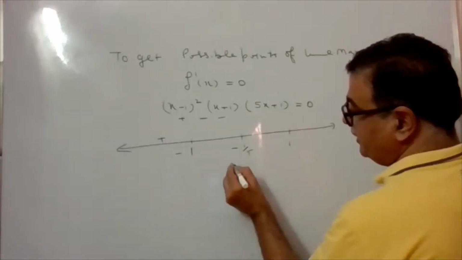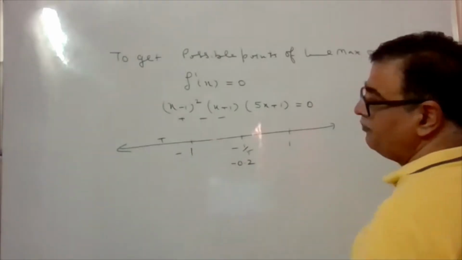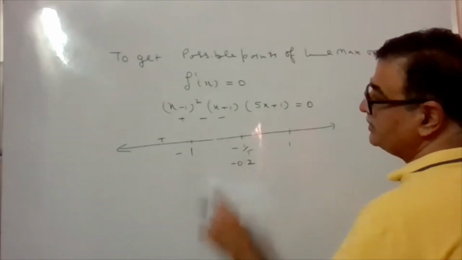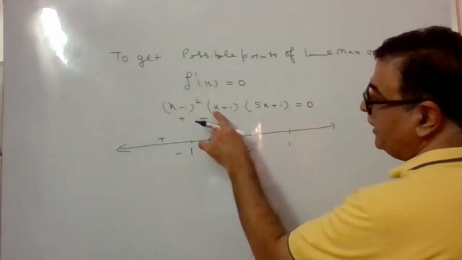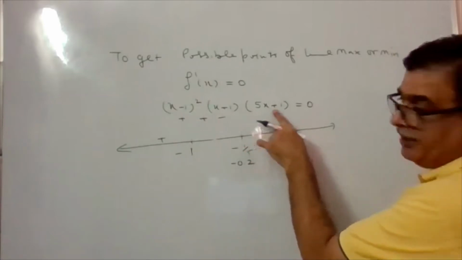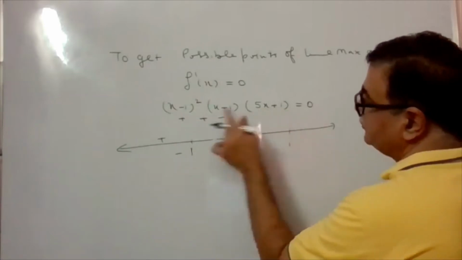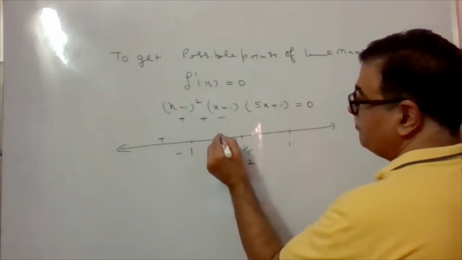Here it is minus 1, here it is minus 0.2. So minus 0.5 will come somewhere here. When you take minus 0.5, it will remain plus here. But this will become minus 2.5 plus 1, so it is minus, and this is plus, so it will be net minus. So plus, plus, minus, it will be minus.